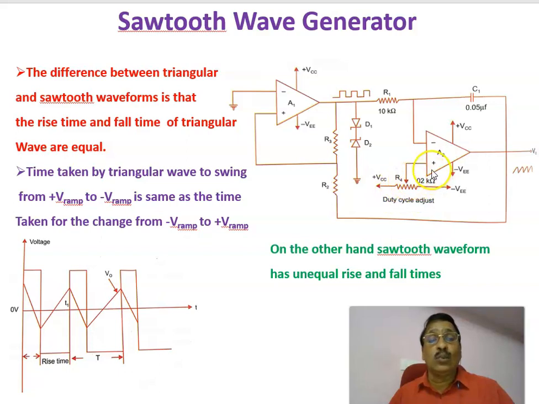You can adjust this voltage applied to the non-inverting terminal so that the fall and rise times can be adjusted. That's the only change compared to the triangular signal.